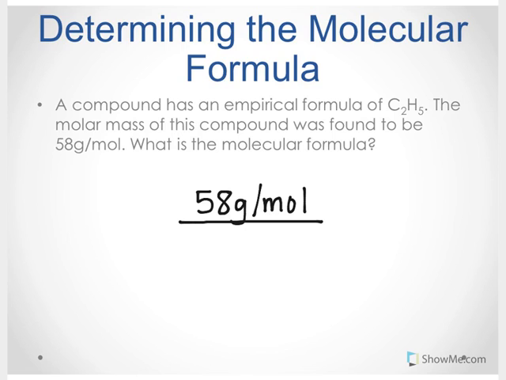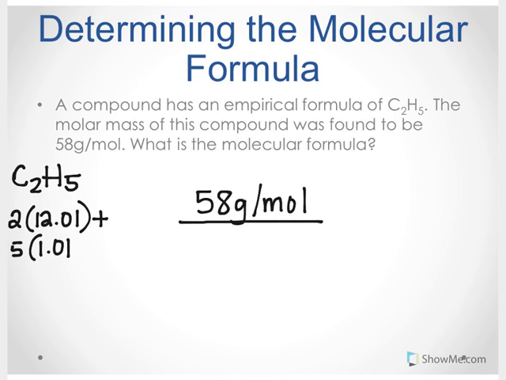We know the empirical formula is C2H5. And so you're going to go to your periodic table and calculate the molar mass of C2H5. So we're going to do 2 times the mass of carbon, which is 12.01, plus 5 times the mass of hydrogen, which is 1.01.